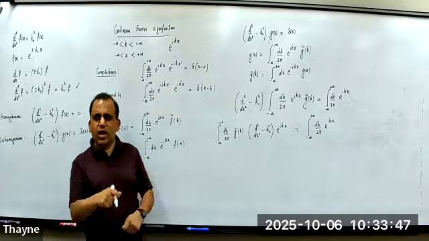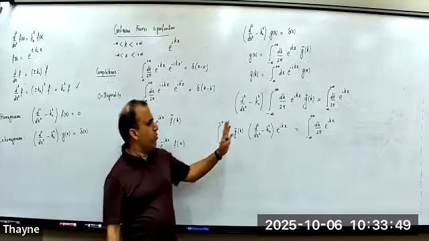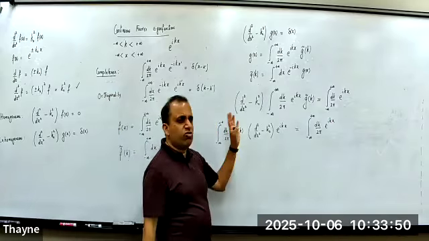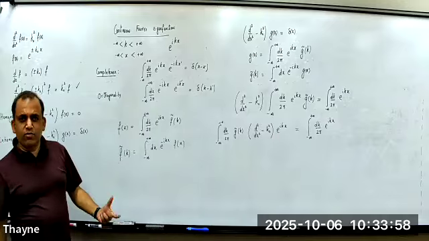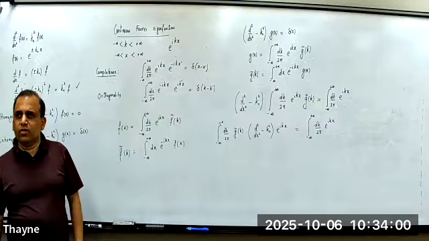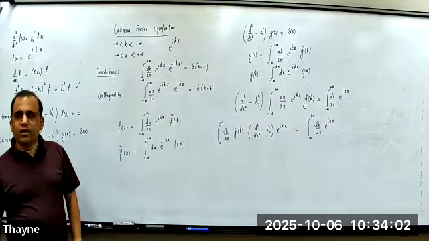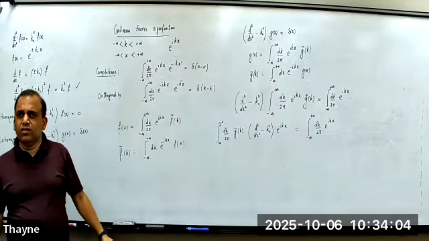Is that clear what I'm doing? I'm not doing any integral. I'm only using this symbolically. I'm going in and out, but I'm not evaluating any integral. I'm only identifying what is what. Any questions on that? Clear?